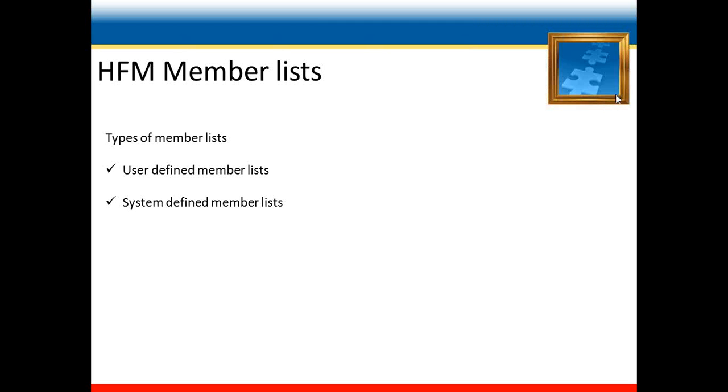The system defined member list groups members according to a common property, such as children of a specific parent or all base members of a specified dimension. So this is about the HFM member list.